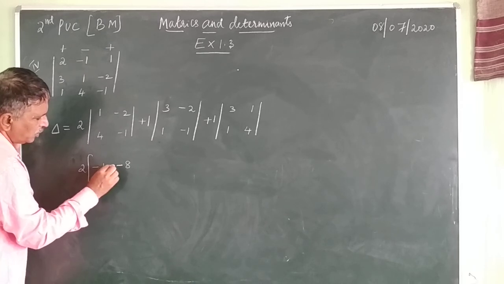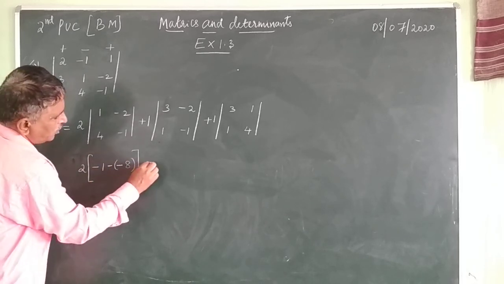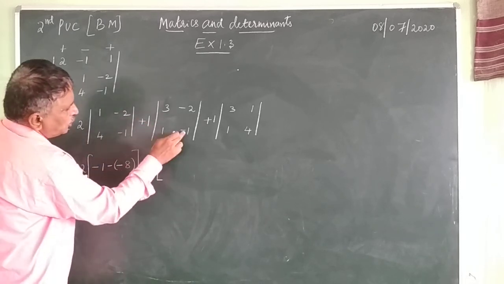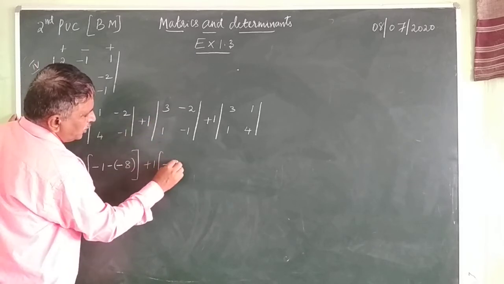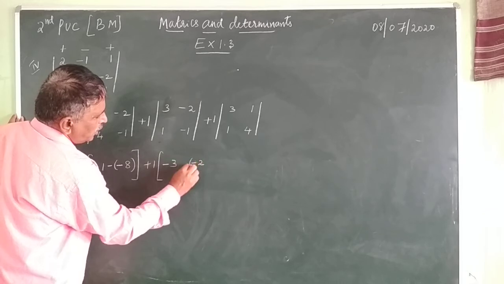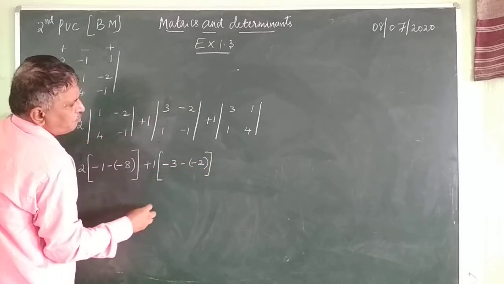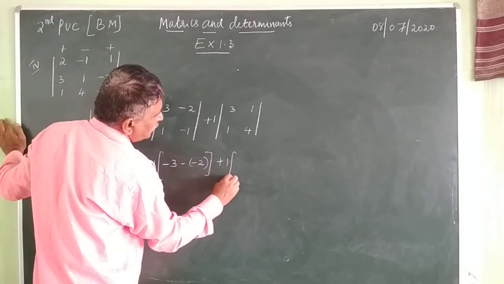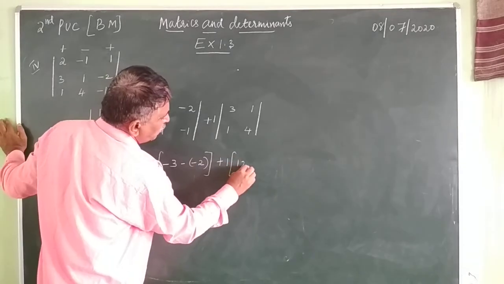In between these two there is a minus sign. Plus 1. Plus into minus, minus 1 into 3, 3. Plus into minus, minus 2. In between there is a minus sign. Plus 1. 3 4 times 12. 1 into 1, 1.